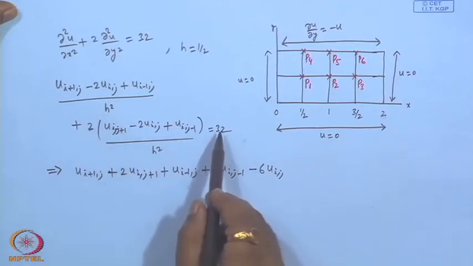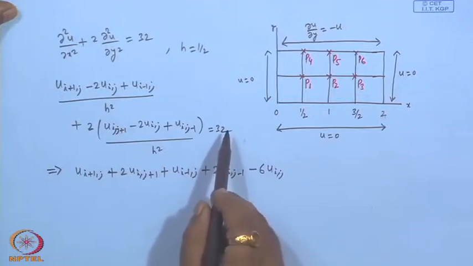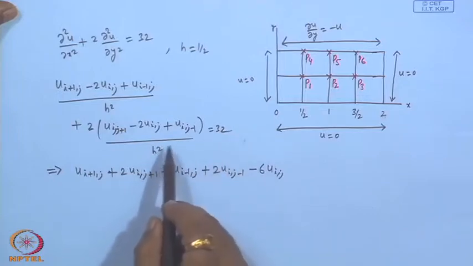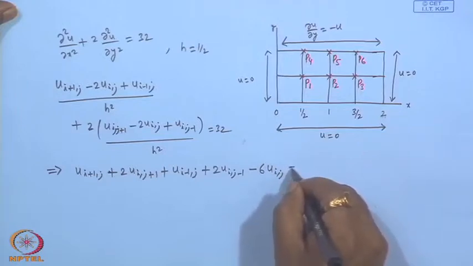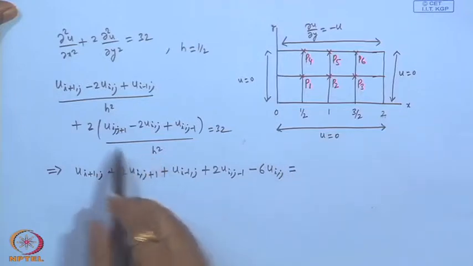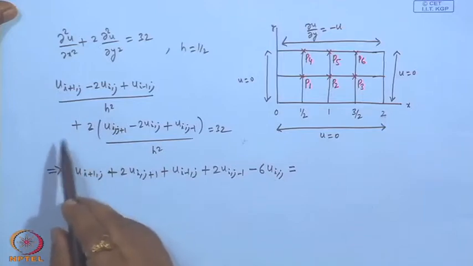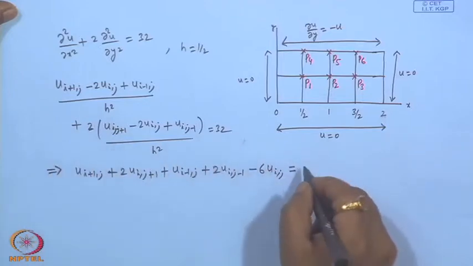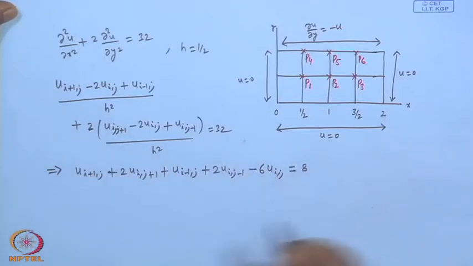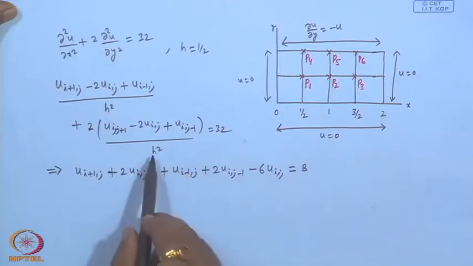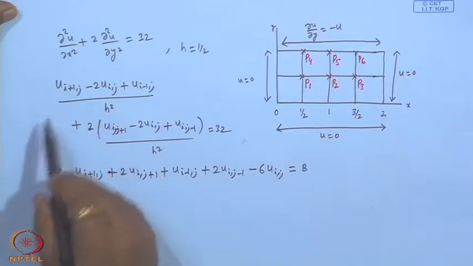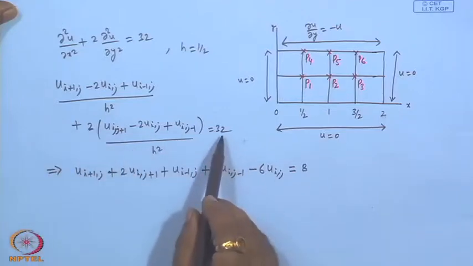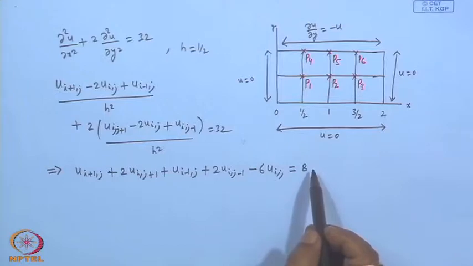So, 4 takes it. So, the right hand side will be 8. Okay. I hope I am correct. So, let me check, because we have 1 over h square, that is 4. So, throughout the 4 gets cancelled. So, on the right hand side we get 8.